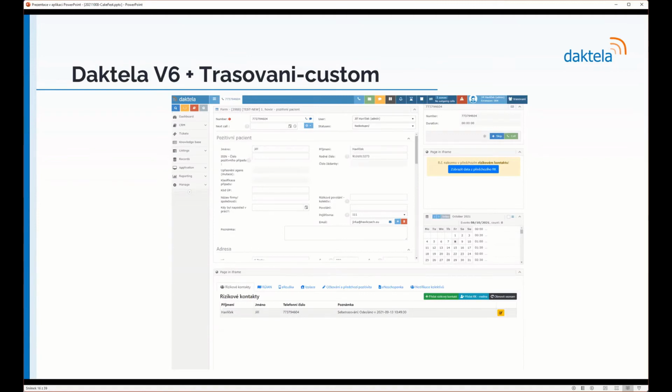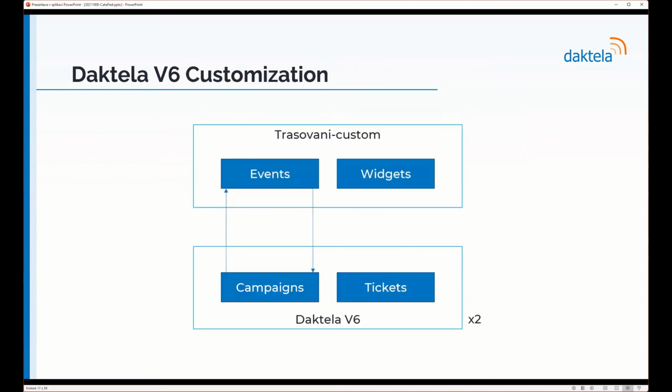This platform that we built for the contact tracing, we've called it Trasovani-custom, which is like tracing custom application, and it's hosted on a separate site apart from the main omnichannel solution. So the two main components of the Trasovani custom are events and widgets.